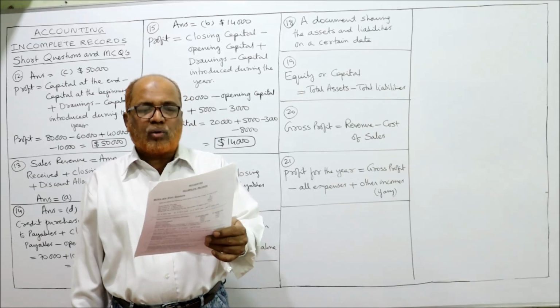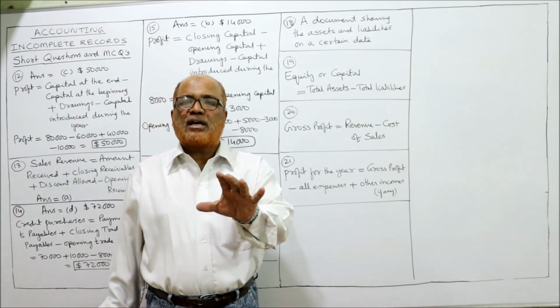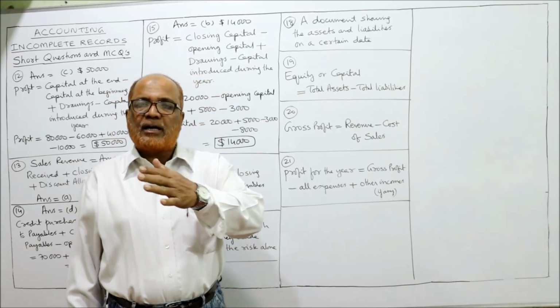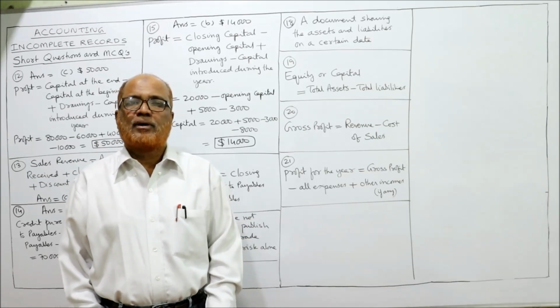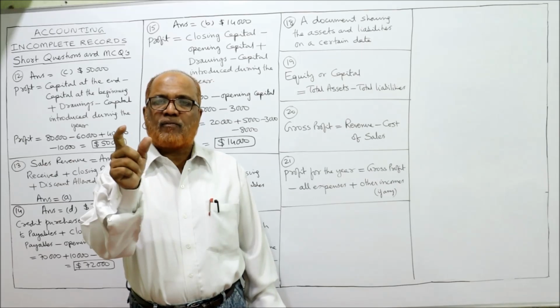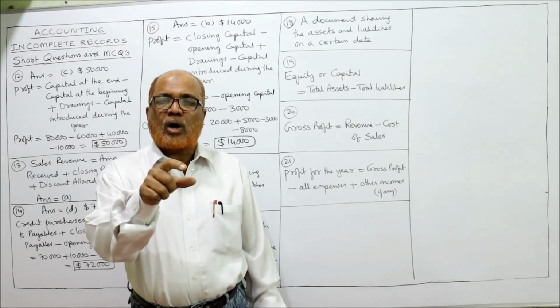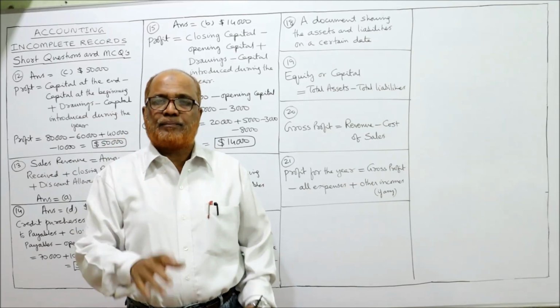Last and final question, how do you calculate profit for the year? The profit for the year can be obtained by deducting expenses from gross profit. So we can say profit for the year is equal to gross profit minus all expenses plus other incomes, if there is any.